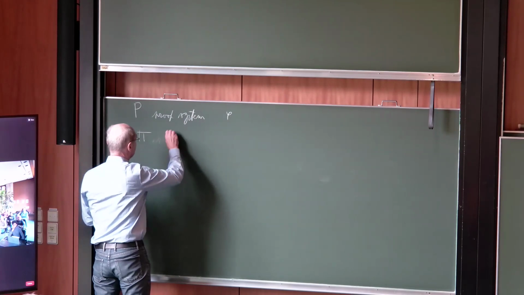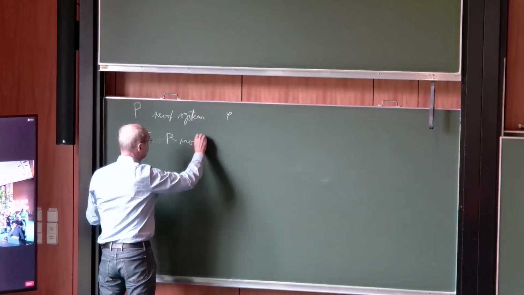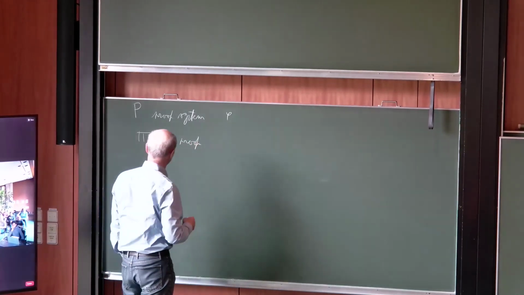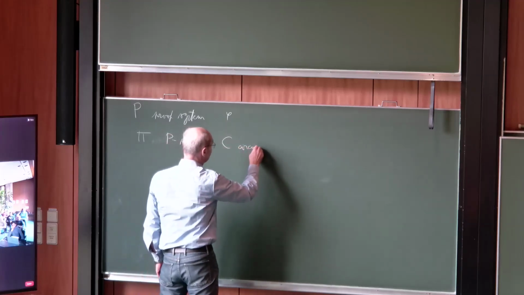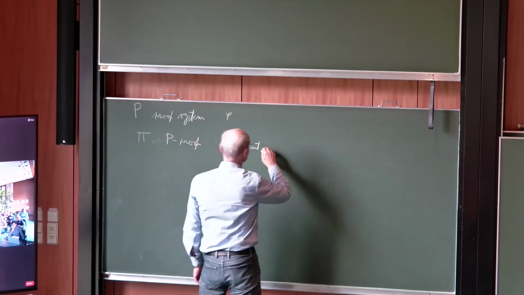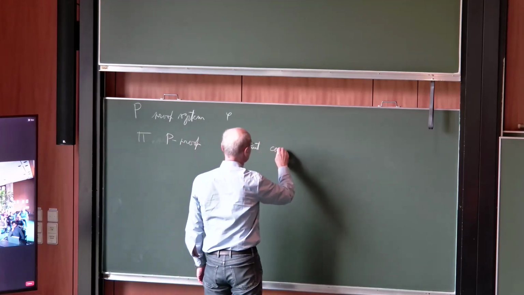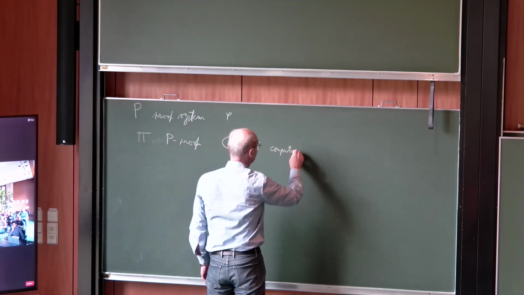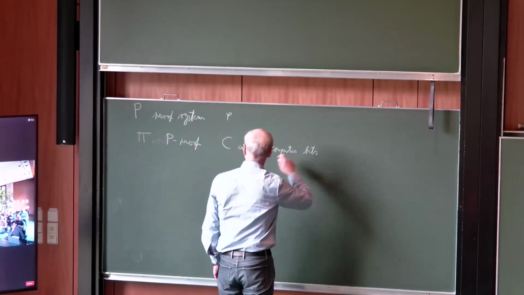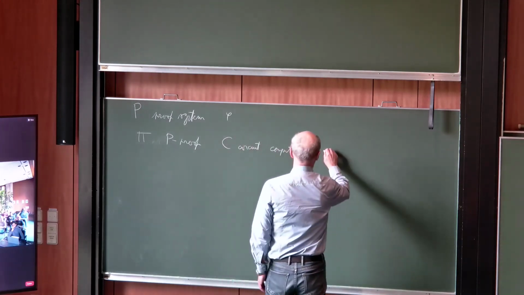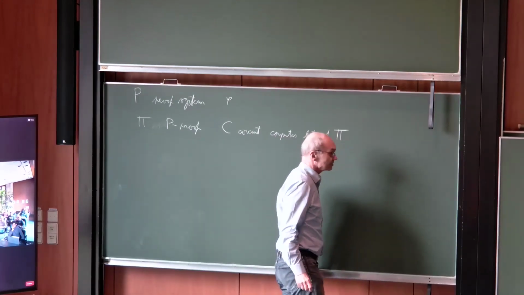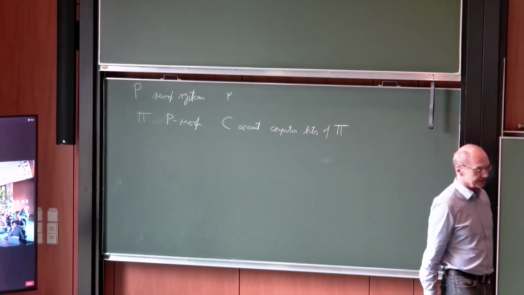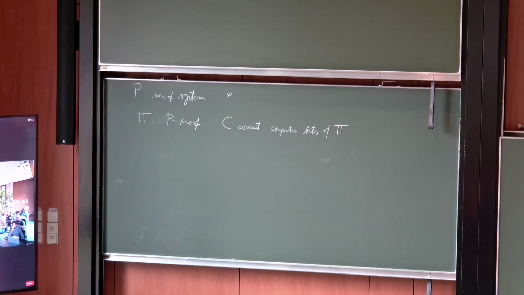So the proof is exponentially large, and therefore you have a circuit that computes bits of the string r. So this is good. You have some evidence that P is true, logically true.